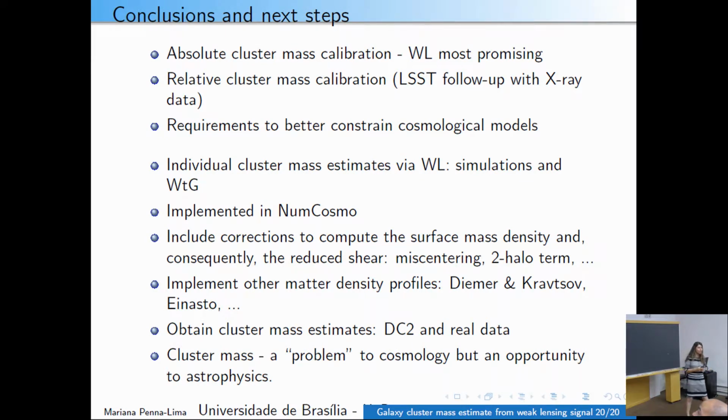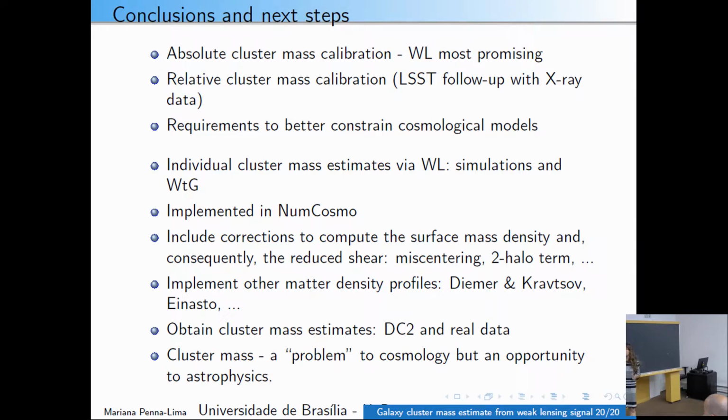So, conclusion: as I mentioned, we have different uncertainty sources in cluster cosmology. For now, the biggest problem is related to the cluster mass estimates, and you have to deal with the calibration of these quantities that we presented here.